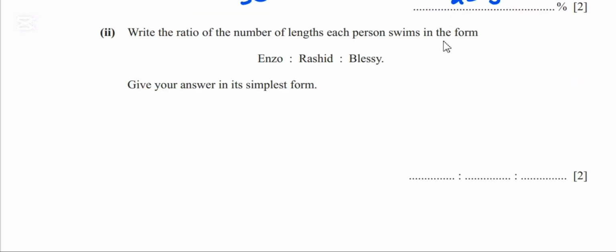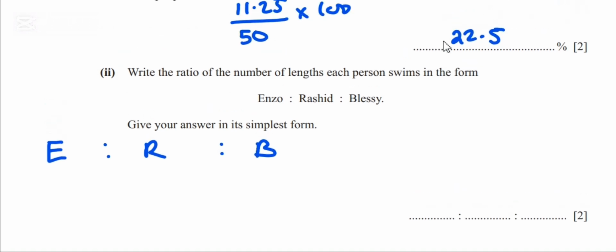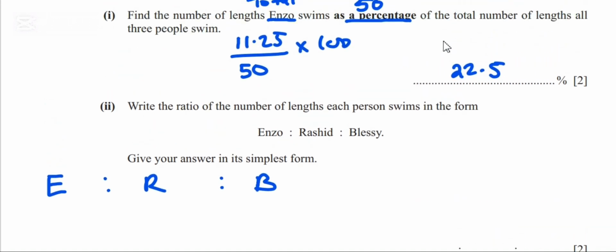The second question says write the ratio of the number of lengths each person swims in the form Enzo to Rashid to Blessy. Give your answer in its simplest form. So to do that we collect the number of lengths for each person.